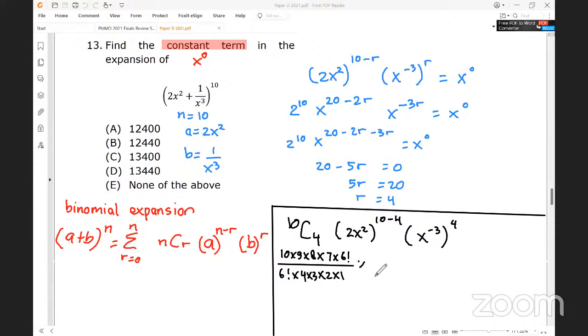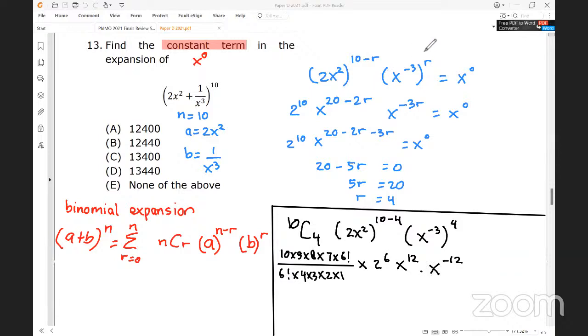Then times 2 in the power of 6, and then x in the power of 12. And then in here, just x in the power of negative 12. See, we can cancel out the x in the power of 12 and x in the power of negative 12. The answer will be 1.